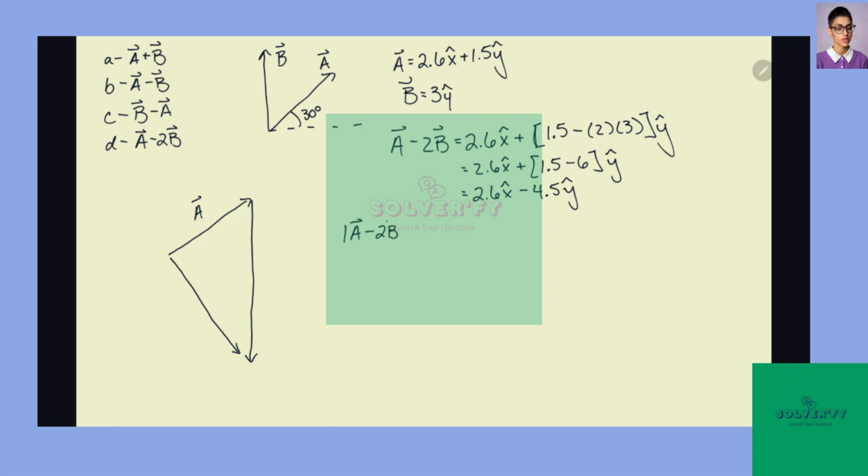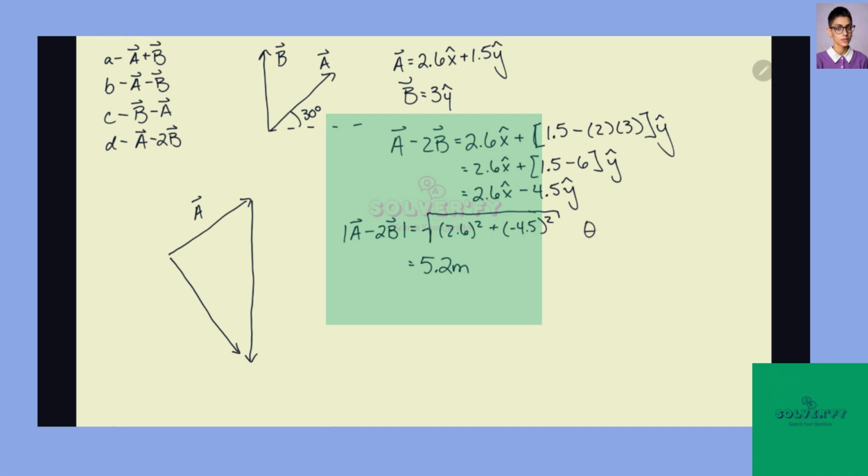So the magnitude of A minus 2B is going to be the square root of 2.6 squared plus negative 4.5 squared. You might notice that this looks a whole lot like A plus B, except we have a negative sign in front of our y component. So let's see how that affects things. When we plug this in, we get 5.2 meters. So we have the same magnitude.